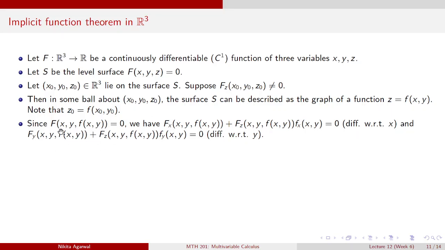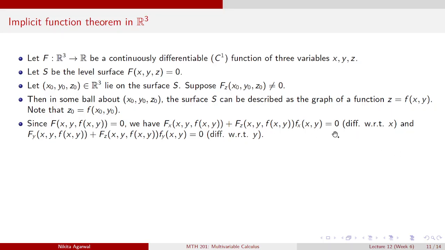So if you differentiate this equation with respect to x, where does x appear? In the first entry and the third entry, right? So by chain rule, you will have F_x(x, y, f(x,y)) plus F_z(x, y, f(x,y)) times the partial derivative of f with respect to x, and this should be 0.